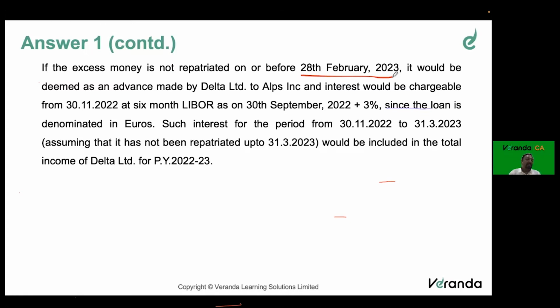That is the relevant assessment year. So this 30th September 2022 will be the date on which you'll have to take the rate for 6-month LIBOR.